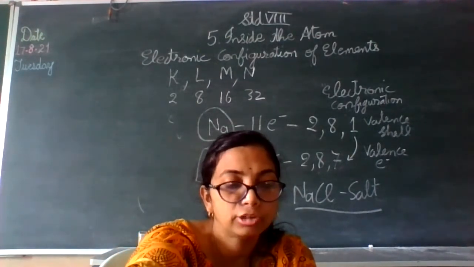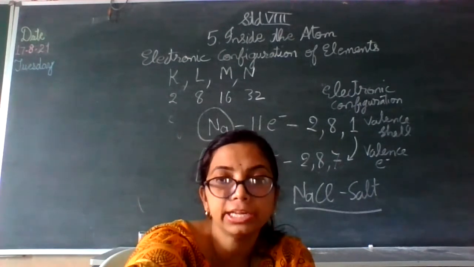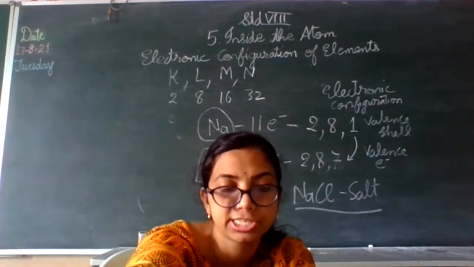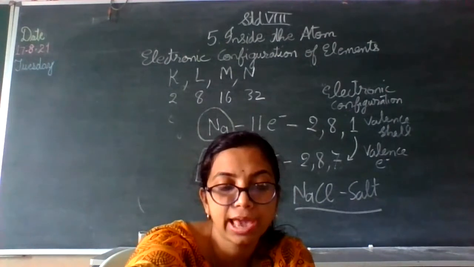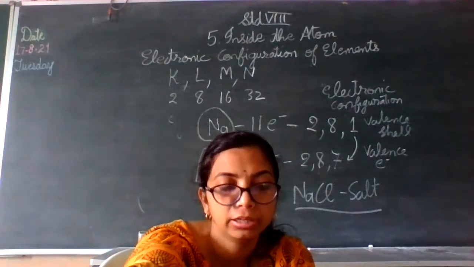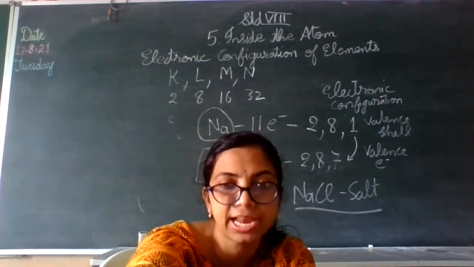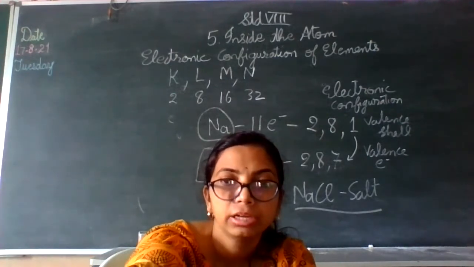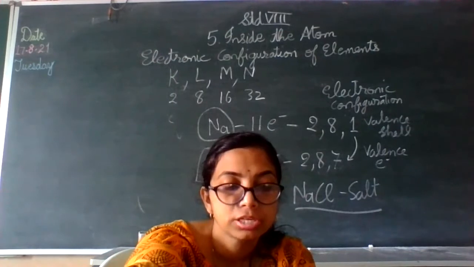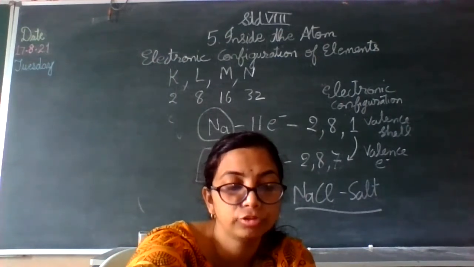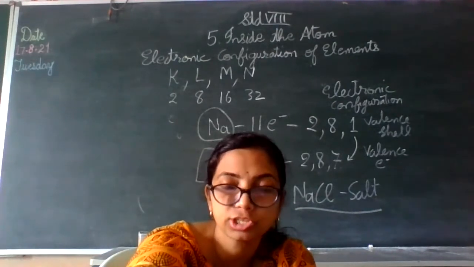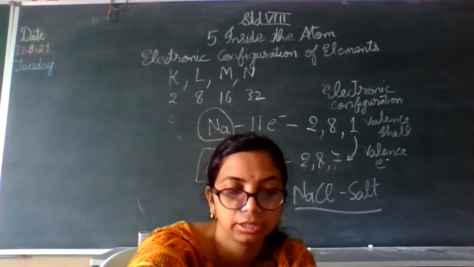Now, the atomic number is denoted by capital Z. In the earlier class, we have seen that it is the number of protons present in the atom of an element. So the atomic number of that element can be found out on the basis of electrons present.